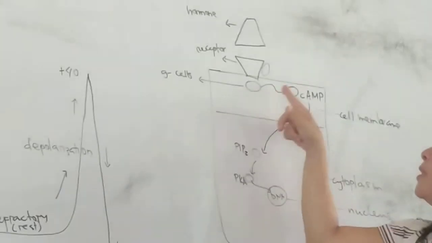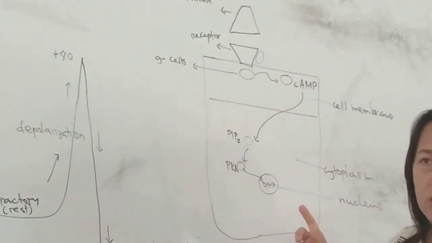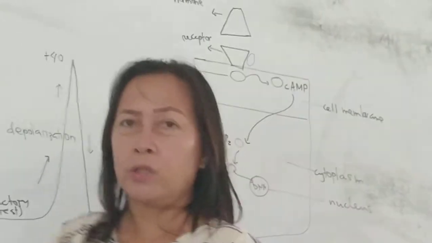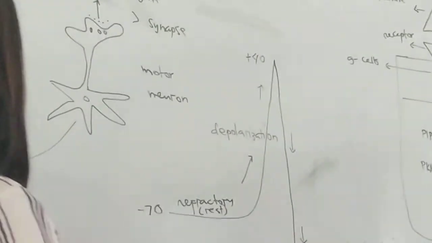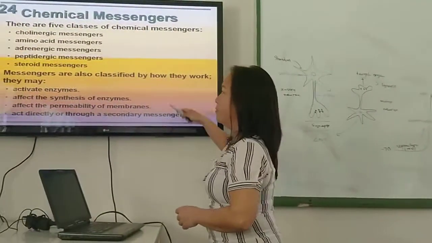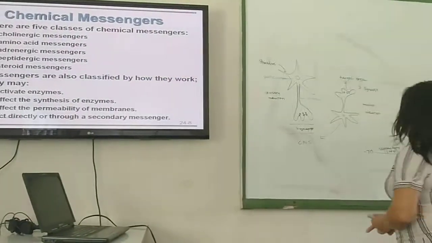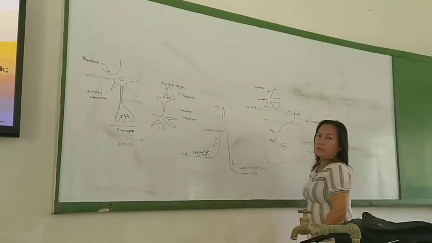Once it is activated, this again activates another molecule, and so on and so forth. So there is activation of one molecule after another due to the binding of these different messengers. But for the steroid messenger class, it's different.